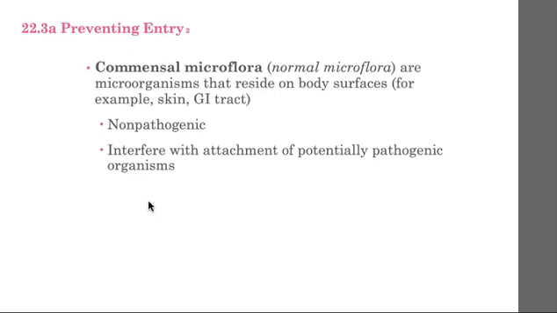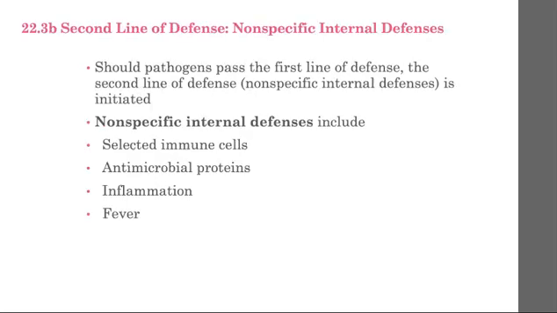They start to interfere with the attachment of potential pathogenic organisms that can enter our body. So if the pathogen doesn't have a receptor or an area in our tissues to bind to, then chances are it is going to get flushed away, coughed out, or in some other mechanism be expelled from our body.